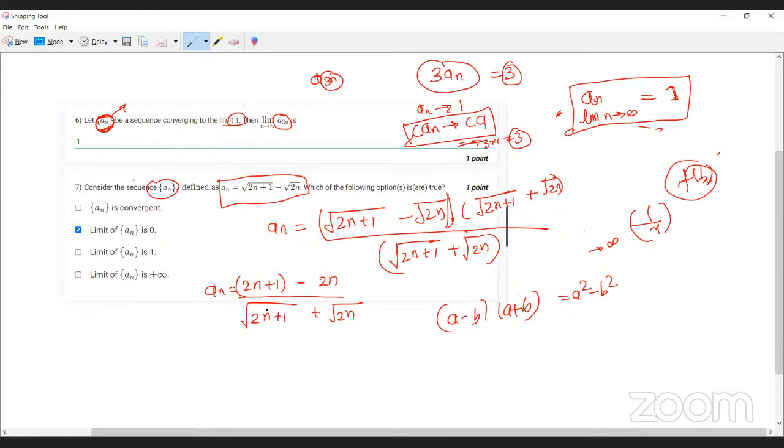So the 2n and 2n get cancelled, and I get 1 by root of 2n plus 1 plus root of 2n. If I put limit n tends to infinity here, it will be 1 by infinity only, that is equal to 0.